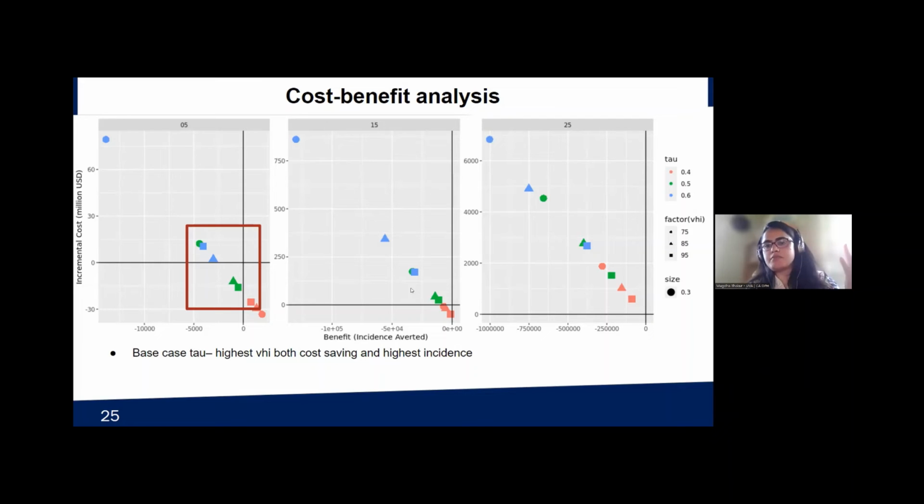Or I guess closer to the y-axis is what we're looking for.